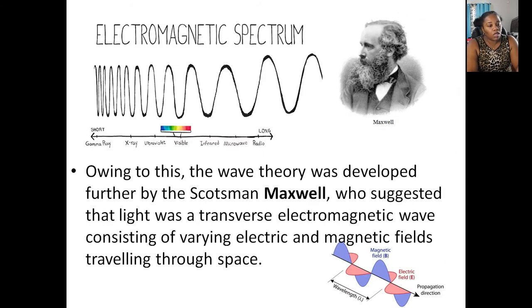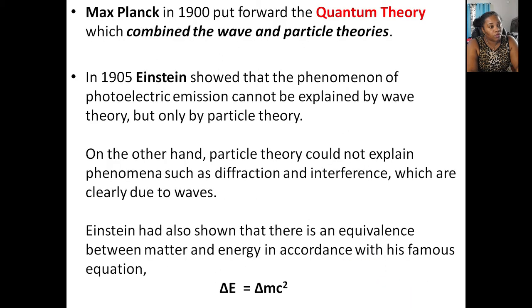Owing to this, the wave theory was developed further by the Scotsman Maxwell, who suggested that light was a transverse electromagnetic wave consisting of varying electric and magnetic fields traveling through space. Max Planck in 1900 put forward the quantum theory, which combined the wave and particle theories.